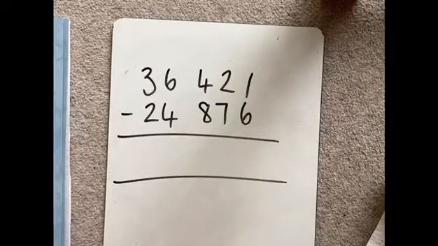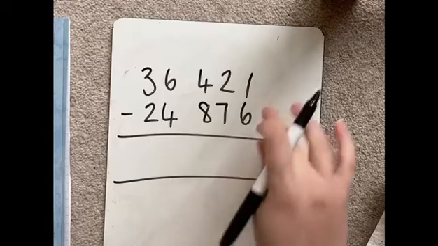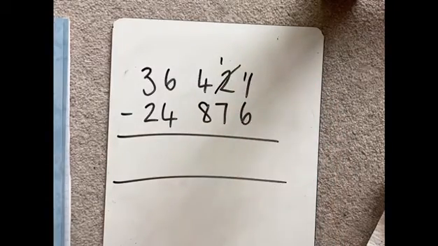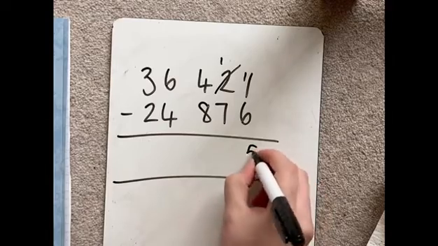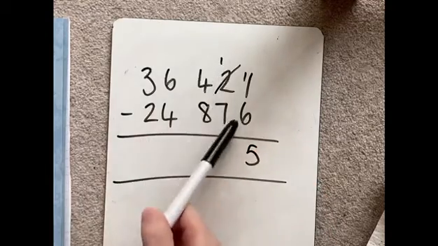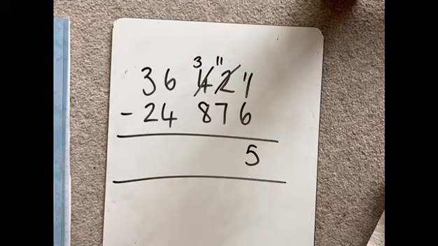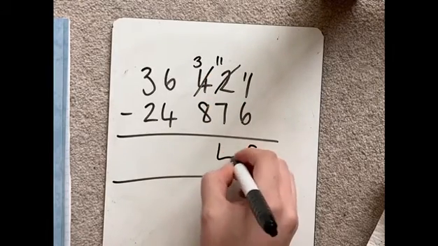Okay, we're nearly there, just 2 more questions to go. You were given this subtraction, and again, this has a lot of exchanging involved as well. So I can't do 1 take away 6, I need to exchange from that 2. 11 take away 6 leaves me with 5. I can't do 1 take away 7, so I need to exchange from the 4. 11 take away 7 leaves me with 4.